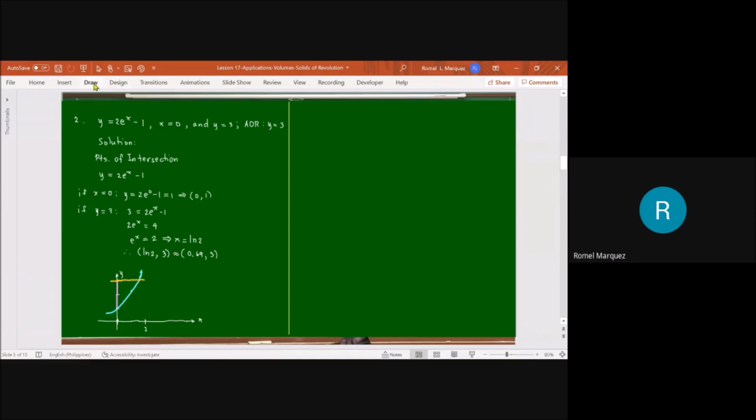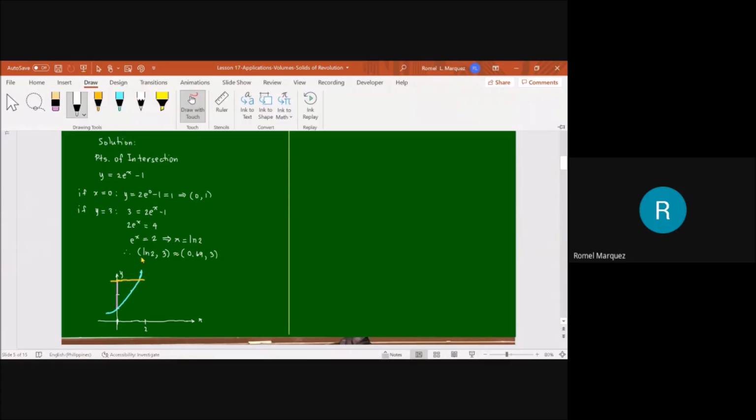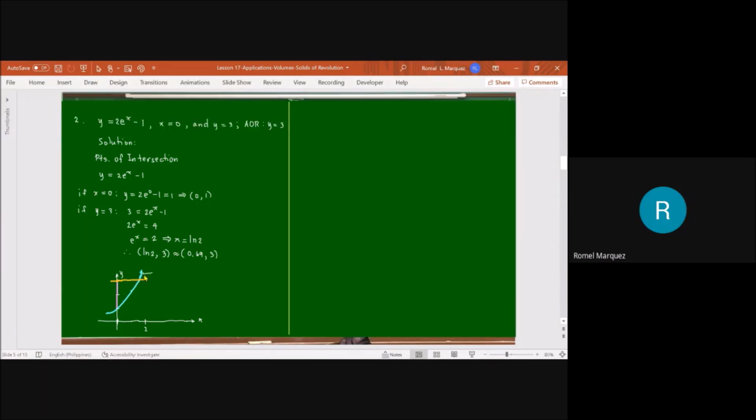Okay, guys? What is this blue, guys? This blue is y equals 2 e to the x minus 1. And this yellow is y equals 3. Okay? And then this is, of course, x equals 0. So this is the region.